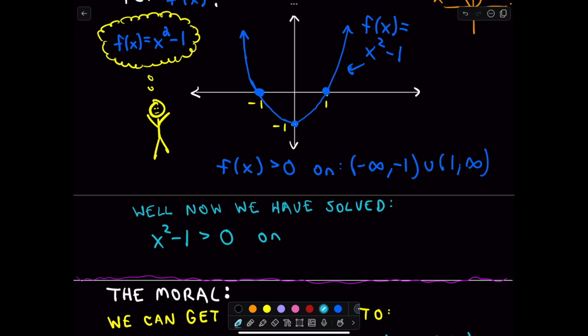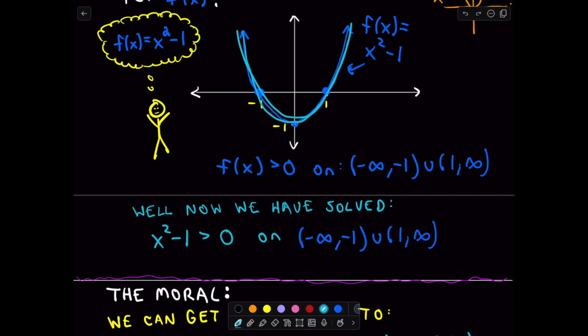It does it on this interval. We just said there was f of x generically, and now I've just given it a name. So x squared minus 1, that's this graph. We said its y values are going to be larger than 0 on this section of the graph, put an open circle, and on this section of the graph, and again, I'm just thinking about those corresponding x coordinates.